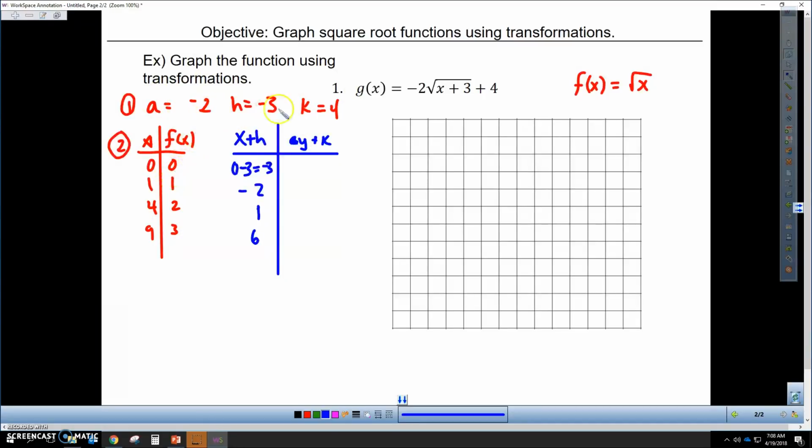So -2 times 0 is 0, plus 4 is 4. -2 times 1 is -2, plus 4 gives us 2. -2 times 2 is -4, plus 4 results in 0. And 3 times -2 is -6, plus 4 is -2.